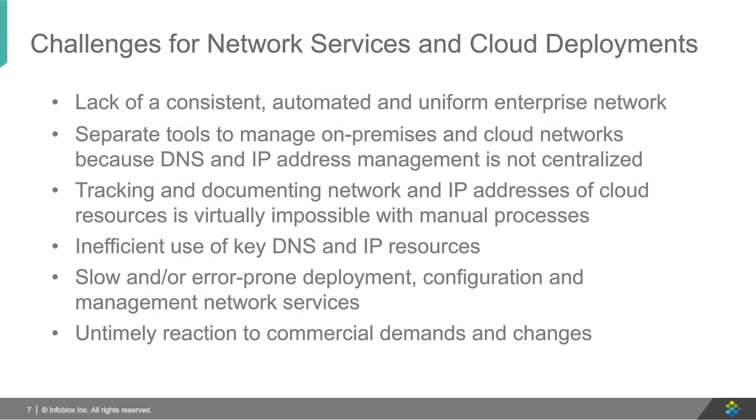Discrete tools work, but they're inefficient. Documenting processes. Inefficient use of key resources. Manual processes that are slow and error prone. And finally, slow, unagile reaction to changes that are managerial, commercial, technical, what have you. All of these things and more contribute to making the deployment of enterprise-grade services in the cloud difficult.